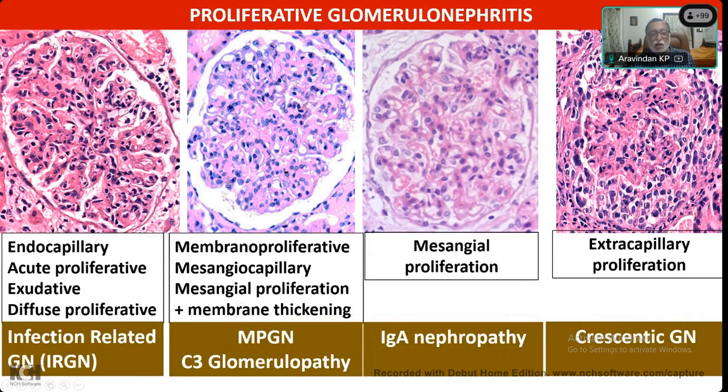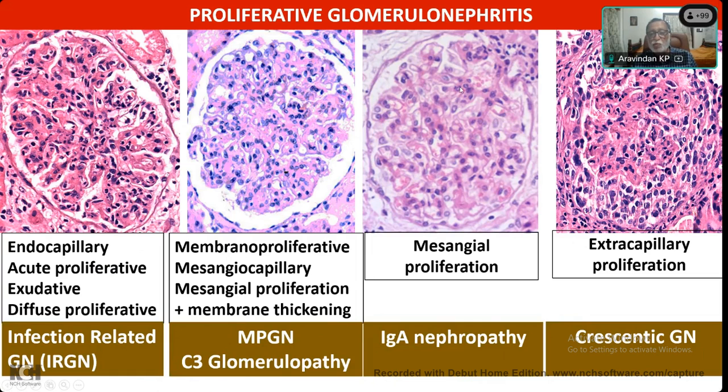Subepithelial deposits producing this kind of picture. The other proliferative disease is one in which you have both proliferation, a large number of cells as in this case, as well as some degree of thickening of the basement membrane. So this is membranoproliferative, a combination of both membranous and proliferation. Here the deposits are mainly subendothelial, along the vessels.